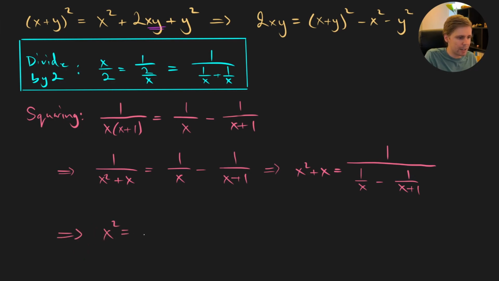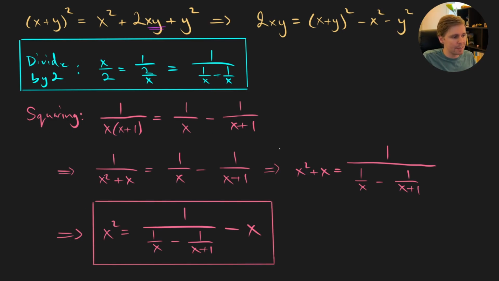I get x squared is equal to 1 divided by 1 over x minus 1 over x plus 1, minus x. And so we have now our expression for squaring. And I'll admit, this is really sort of an ingenious trick here. It kind of comes out of nowhere. I did not think of this until I read a hint that really pushed me towards thinking about partial fractions.